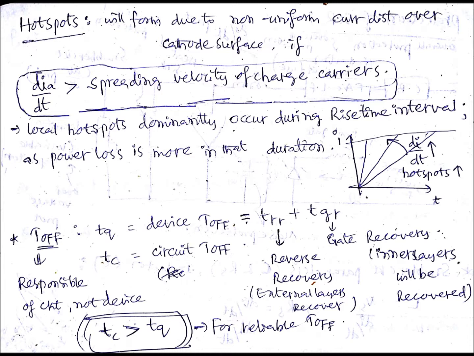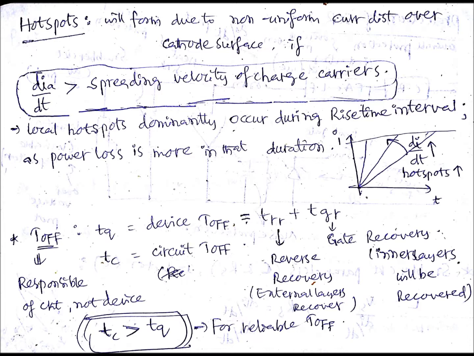But the device itself is going to have a certain turn off time, that is the device turn off time. And if the circuit turn off time is greater than the device turn off time, that is the required condition for it to turn off.